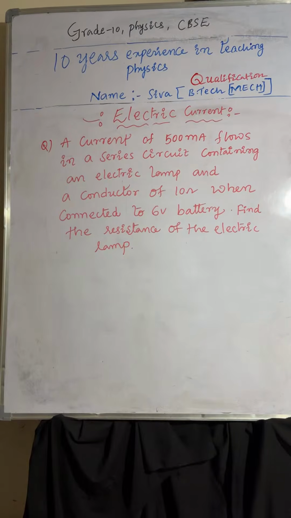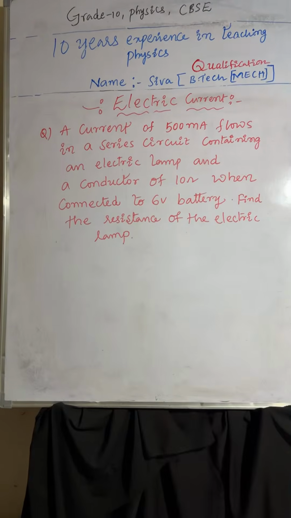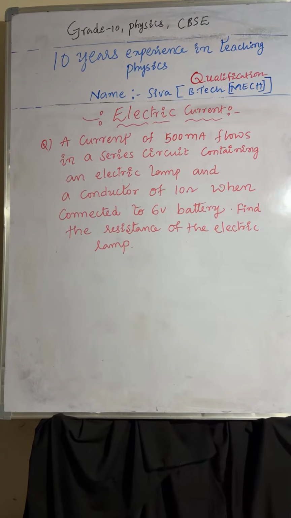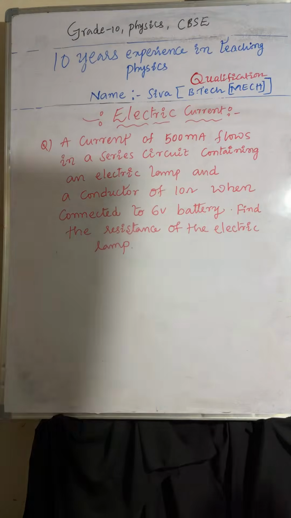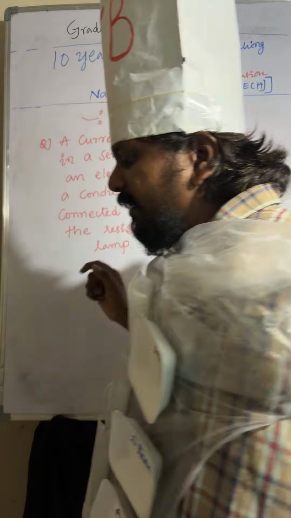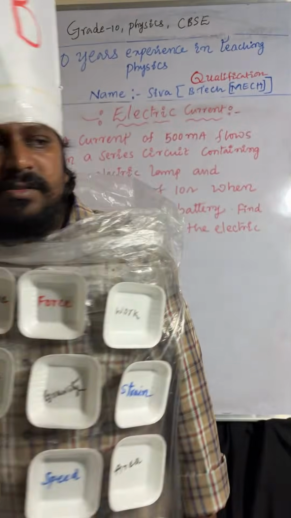So here it is very simple, ma, this question. First you need to understand what the given data is. Many times I mentioned in the class, first you have to identify the given data. Understood or not?